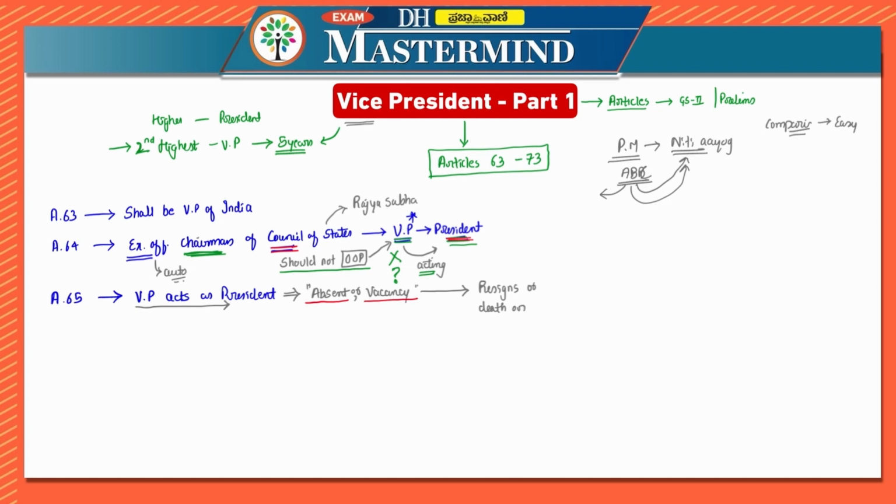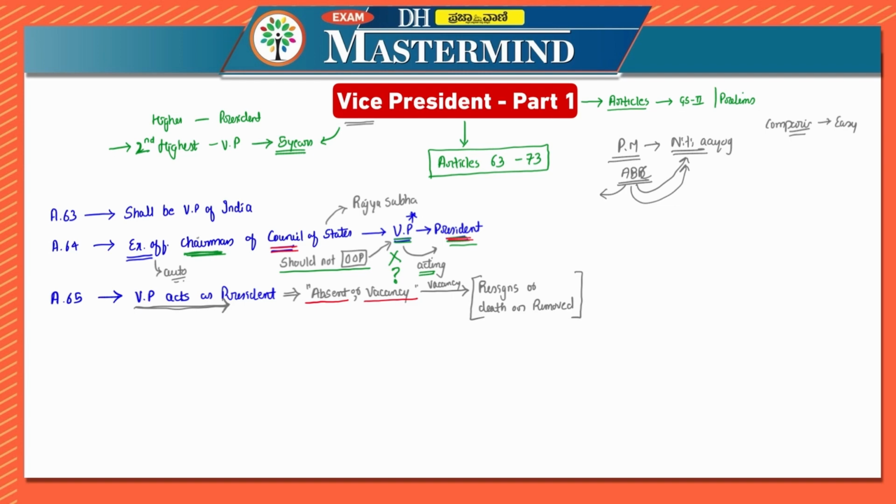Or if the president is removed, at that time the vice president acts as president. In all these cases, the vice president will be president until the new president is elected. That means the office of president should not be vacant at any point of time. So this says about vacancy.